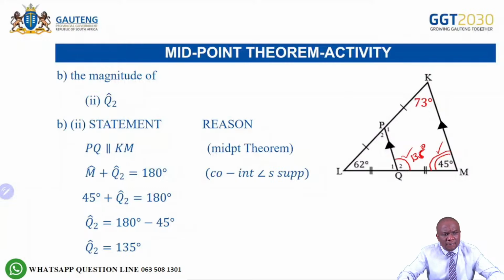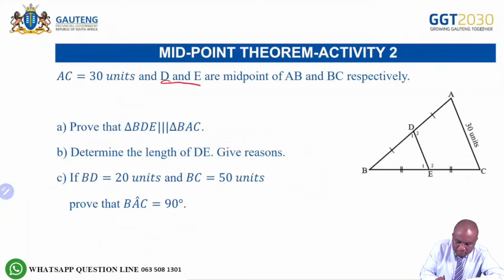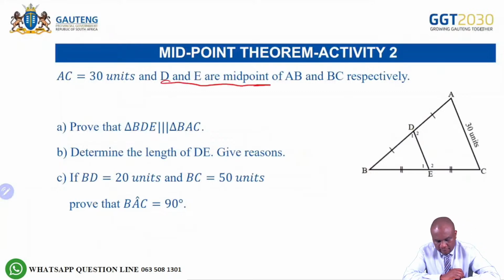All right, so that's what I wanted you to do. Now I've written a lot of things there. You can see what is happening. Now, this is another question. Activity 2. AC is equal to 30 units, and D and E are midpoints of AB and BC respectively.